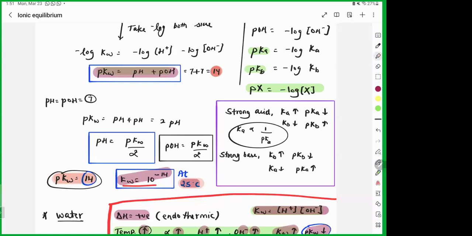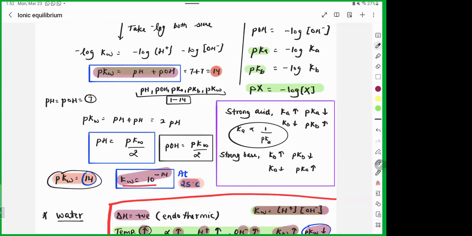Remember, you will be confused sometimes. Sir, what is this, pH and H positive? pKa or Ka? pKb or Kb? Remember, whenever you have a P in front of anything, pH, pOH, pKa, pKb, pKw, these values will be given as a number between 1 to 14.